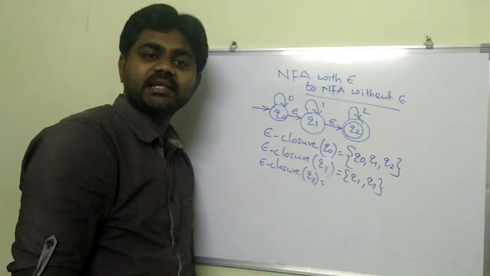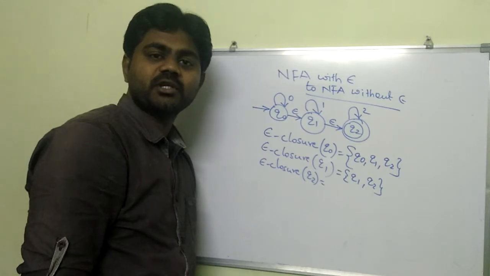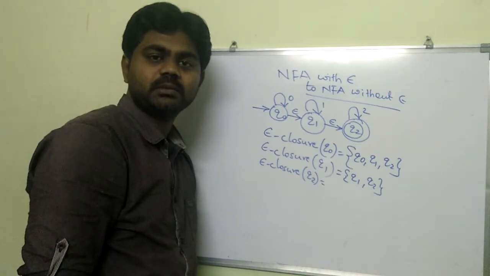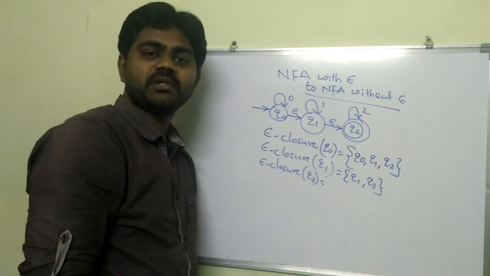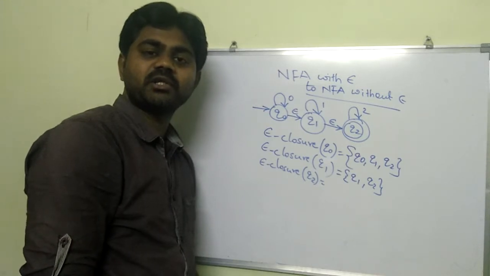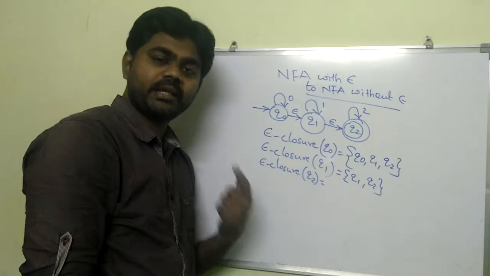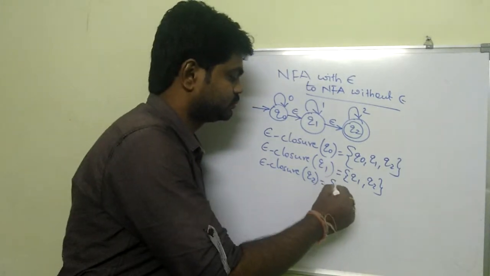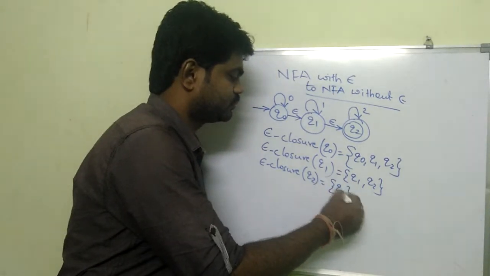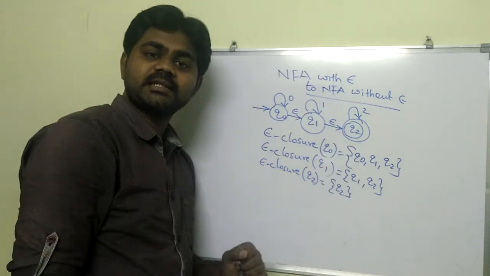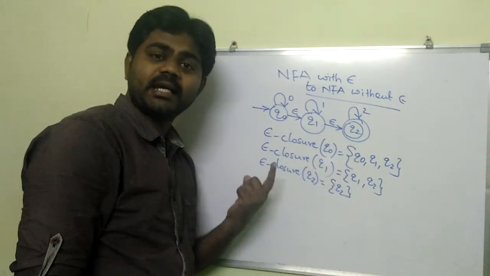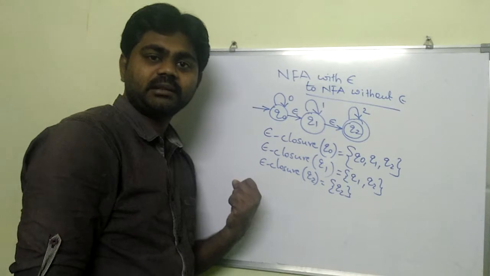Q2 is my final state, so the epsilon closure of Q2 becomes only Q2. So epsilon closure of Q0 is Q0, Q1 and Q2. Epsilon closure of Q1 is Q1 and Q2. Epsilon closure of Q2 is only Q2. With this, we discussed what an epsilon closure is, right?